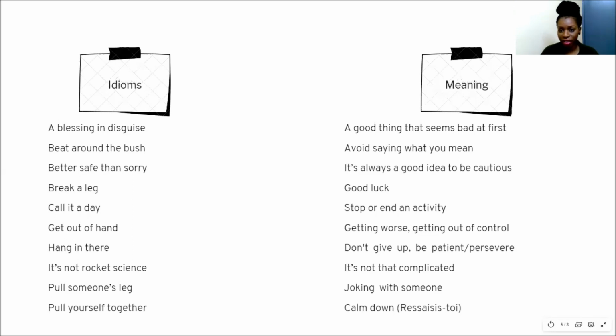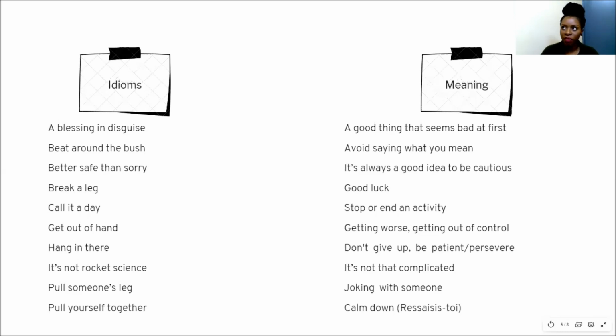Better safe than sorry. Usually people would say, I don't know if I should double check. I think I closed my door this morning, but I'm not sure. Maybe I should double check because, you know, better safe than sorry. That's how you would use it in a sentence.